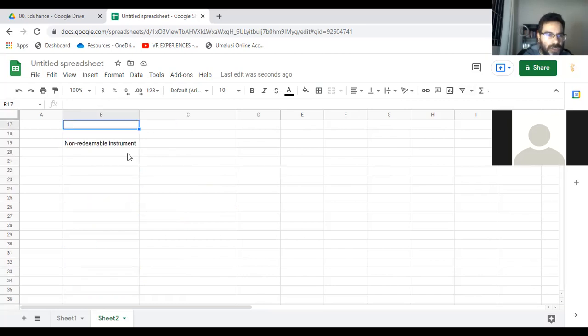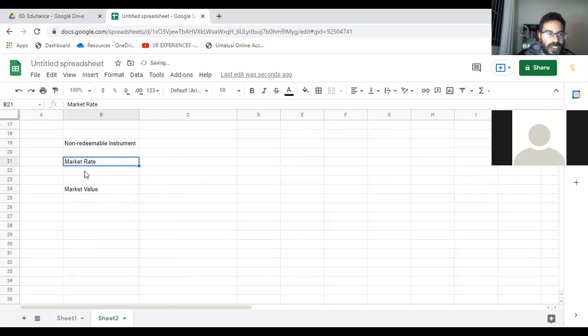So what do we do? If it's non-redeemable, meaning there's no specified date of repayment, then we use the perpetuity formula. For market rate and market value we use the exact same formula. That's why one must be given and the other one will be calculated.